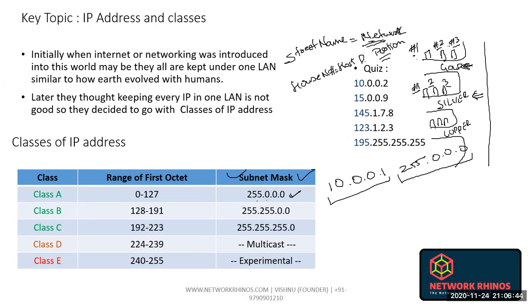Now here you can see in my subnet mask, the first octet is 255 and the remaining 3 octets are zeros, right? So the first octet, which is 255, means on my IP address, first octet is my network portion and remaining 3 octets is my host portion.